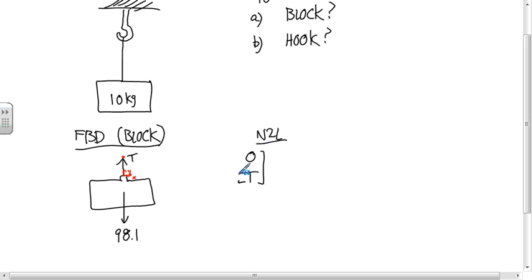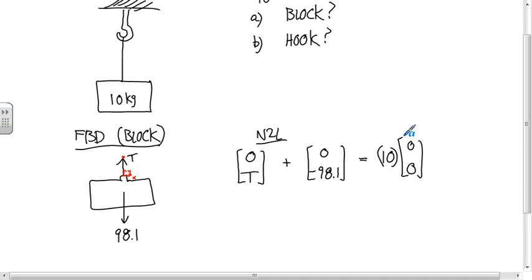Okay. And the weight force is 0, negative 98.1. And that's equal to the mass times the acceleration. It's just hanging there, so the acceleration is 0, 0. And notice that we're trying to calculate the force vector that the cable applies.